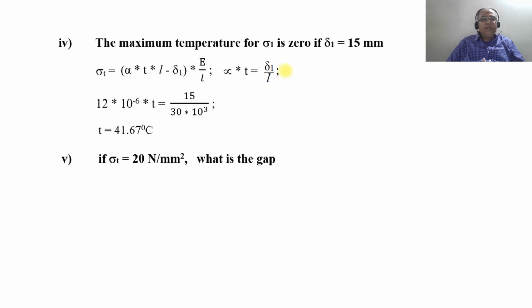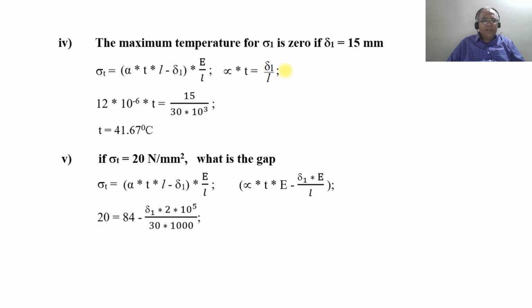So if sigma T is 20 Newton per mm square, what is the gap? That is delta 1. Sigma T will be equal to alpha into T into E minus delta 1 into E by L. So what is the gap? That is the delta 1 we need to find out.